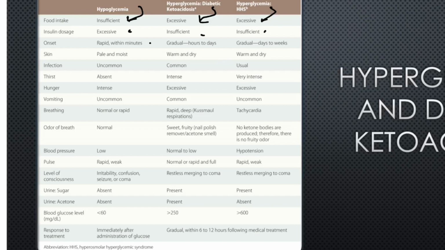They're diaphoretic when they're hypoglycemic, but they're usually warm and dry when the sugar is high. Infection is uncommon in the hypoglycemic patient, and common in the DKA patient, and usually in a hyperglycemic patient. So you could pause this and read all the other comparisons. I'm not going to read the whole table to you. Obviously, the most important thing is the rapid onset with the hypoglycemia, the insufficient food intake, and the insulin dosage.